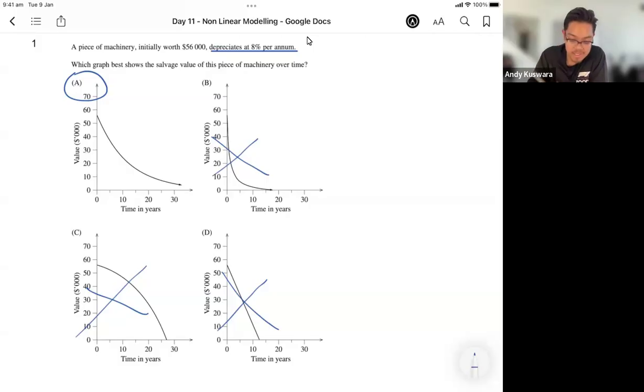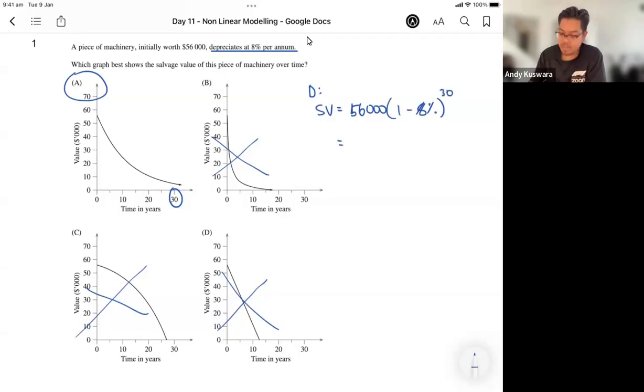Now, the easiest way to test this is to make sure that you are correct. Plug in something like 30. If it's 8% per annum, depreciation works as the declining balance method. So the salvage value is going to be our initial 56,000 times (1 minus 8%) to the power of 30.